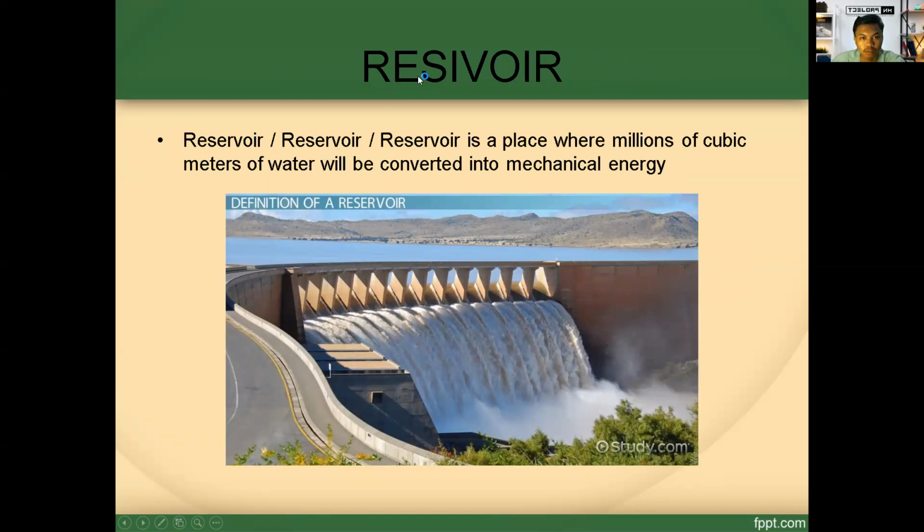Next, what is a reservoir? A reservoir is a place where millions of cubic meters of water will be converted into mechanical energy.